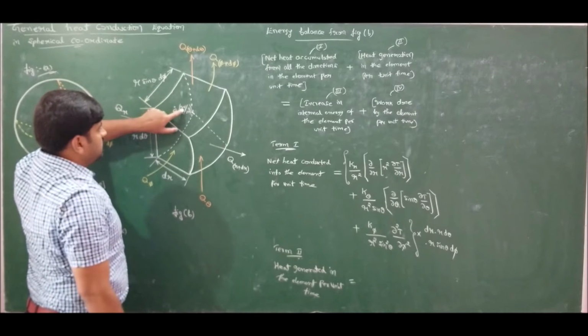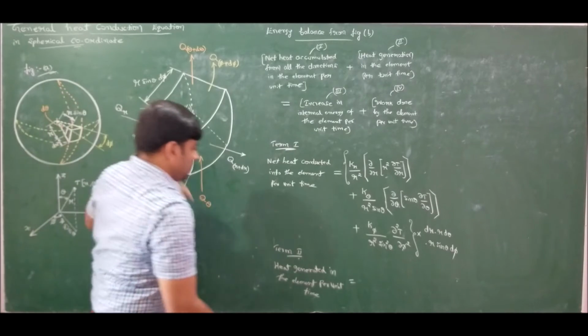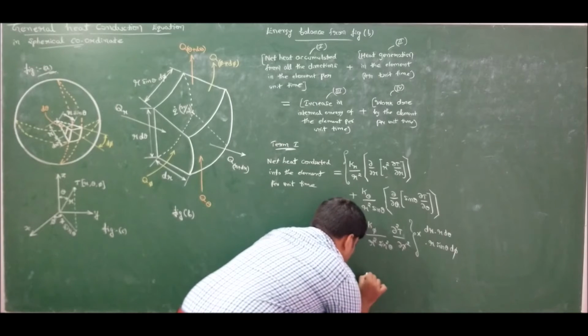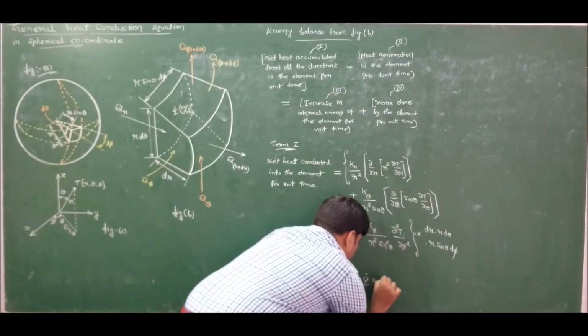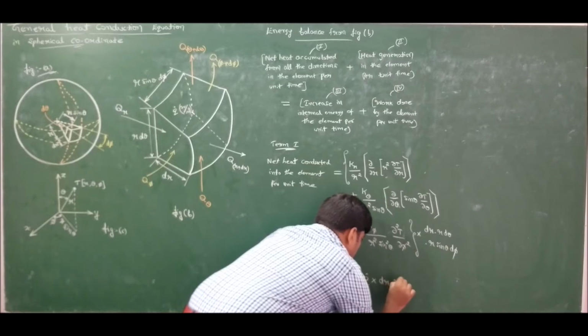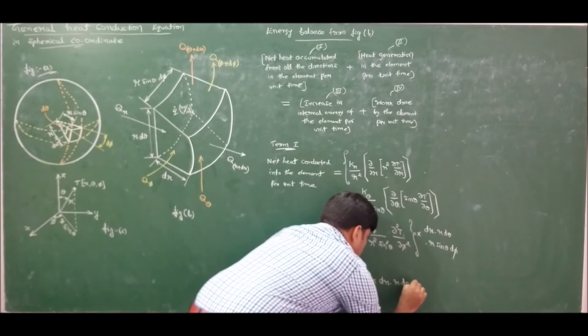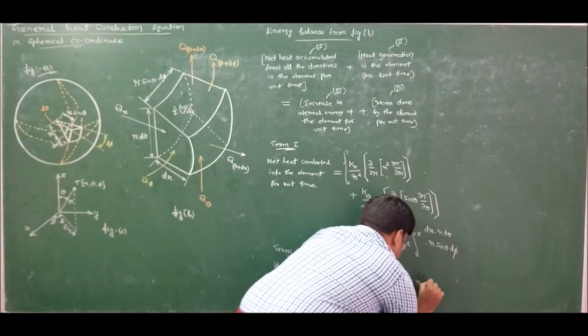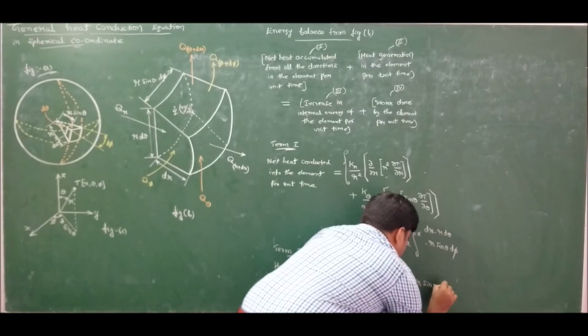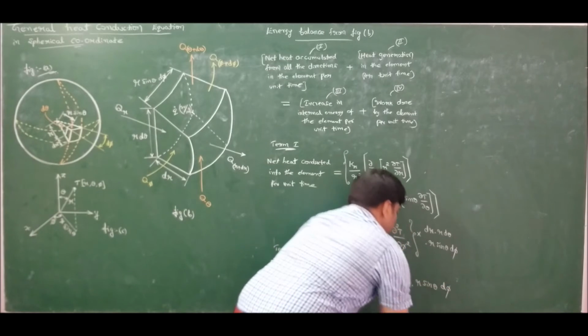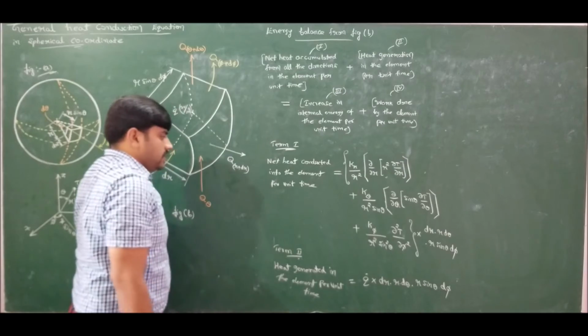I want it in watts, so I should multiply by the volume. So I will get the answer as q dot times volume. Volume is the length dr, r d theta, and one more length r sin theta d phi.